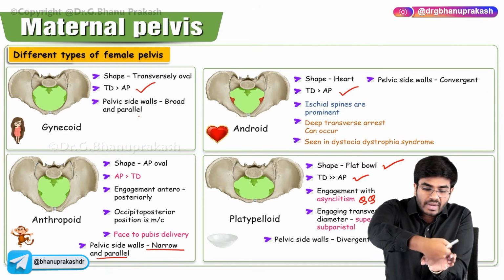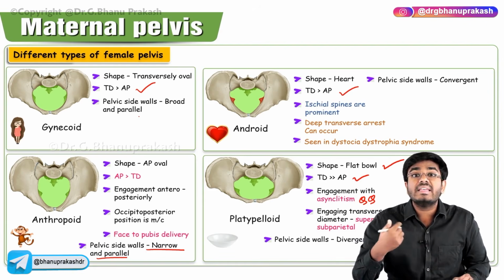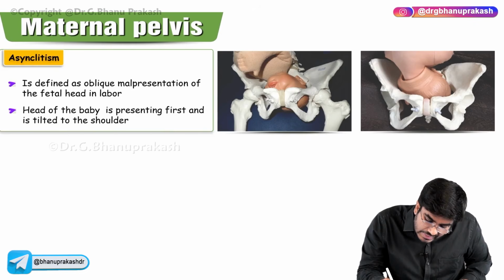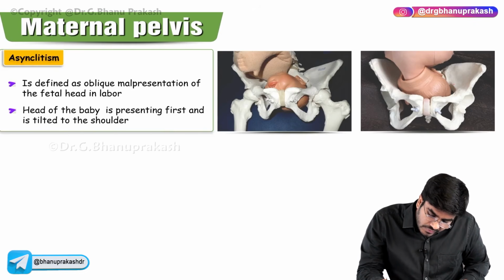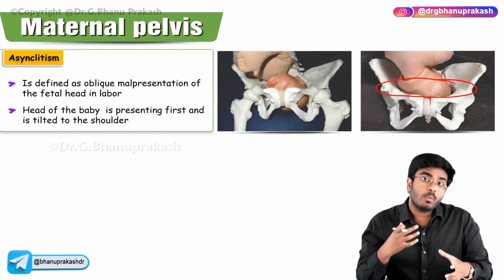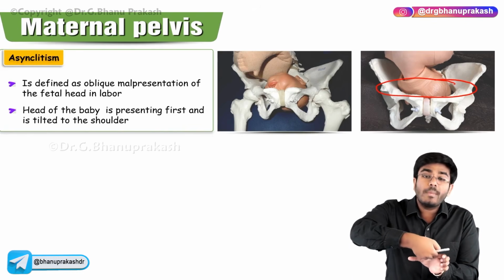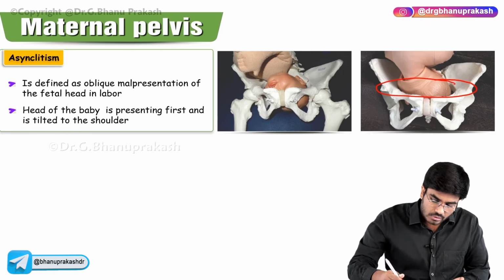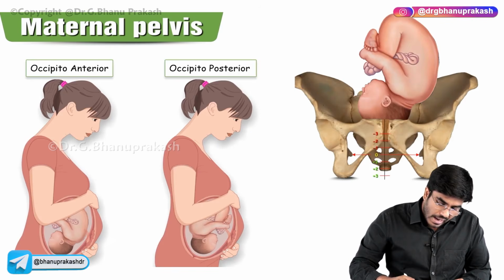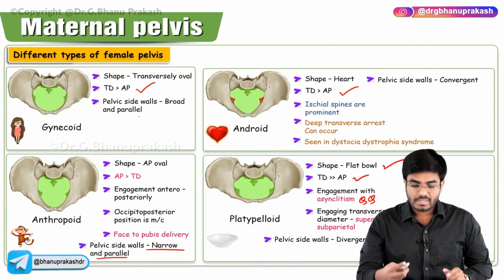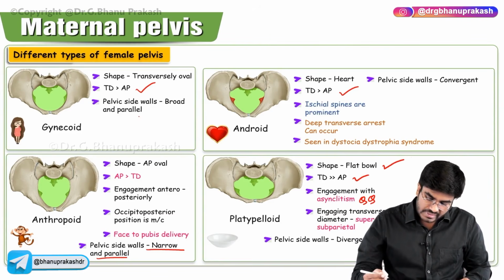Tilting of the head towards the shoulders is known as asynclitism. Let me show you. See here, the head is tilting. Because of so much availability of space, the head can easily tilt. So marked asynclitic engagement is seen with platypelloid type of pelvis.